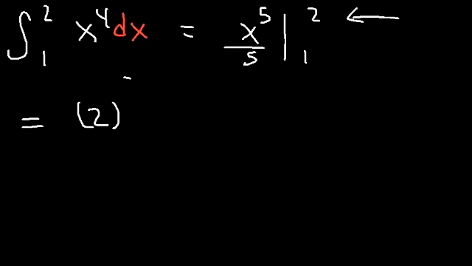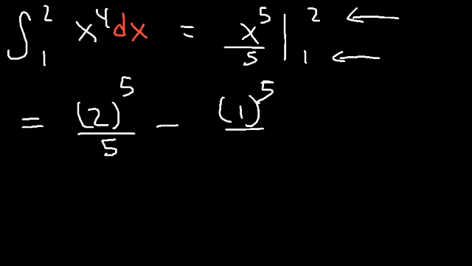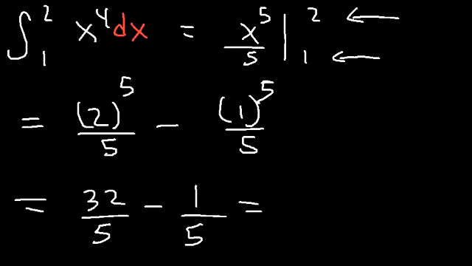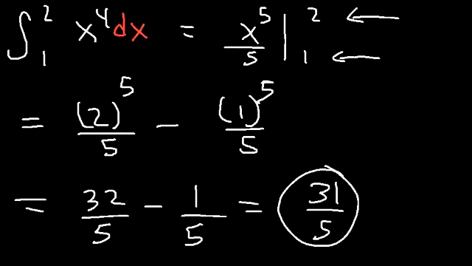So it's going to be 2 to the fifth power divided by 5 minus, and then plug in 1. So 2 to the fifth power, that's 2 times 2 times 2 times 2 times 2, 5 times. That's 32. 1 to the fifth is simply 1. 32 minus 1 is 31. So it's 31 over 5.